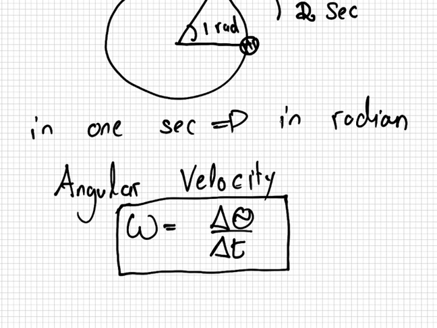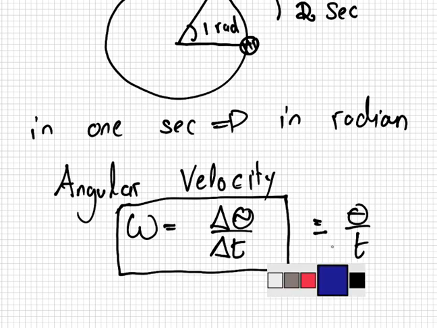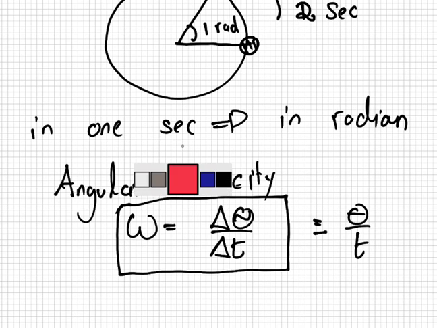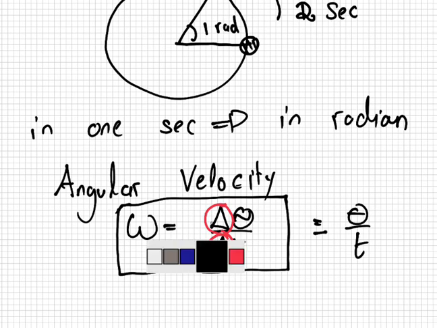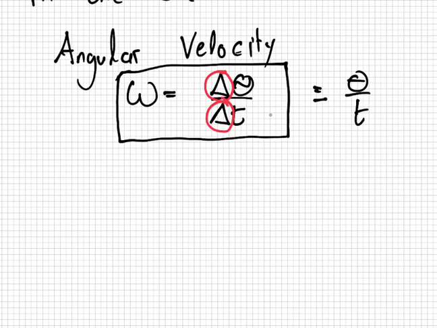That's okay? So that's angular velocity. I think in the book they write it like this. And that's okay, but I don't like that so much because I really want to emphasize that it's the change in the angle divided by the time it takes. So it's better to write it like this. Okay. So how many formulas do we have so far? We have 2.